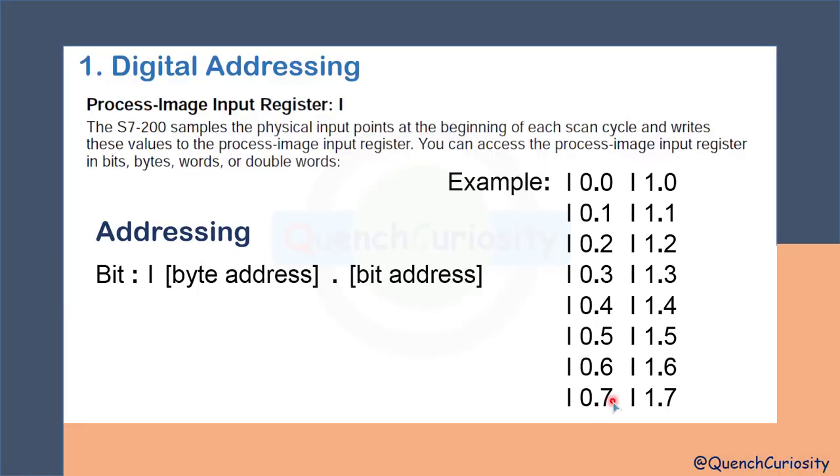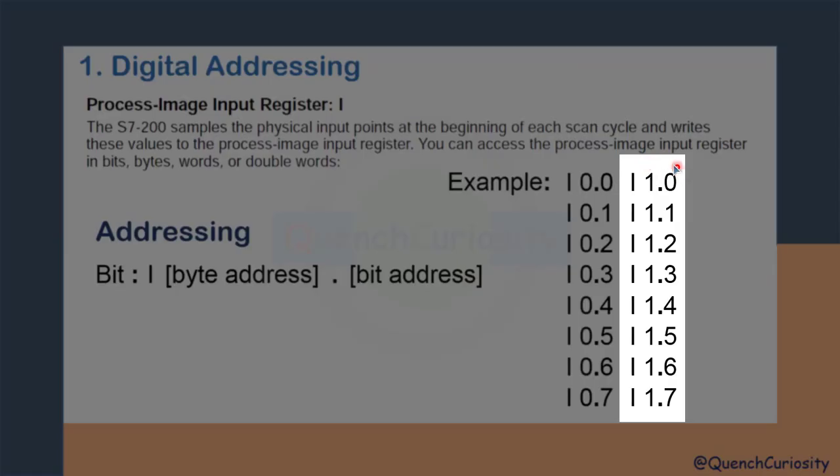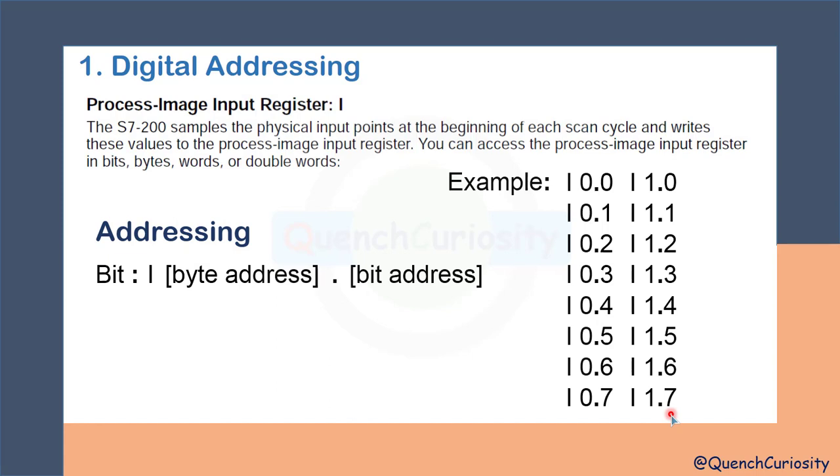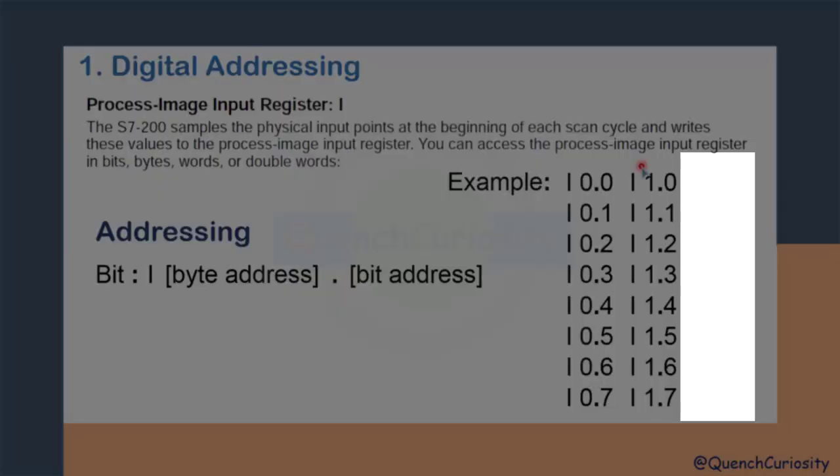After this, we have to jump to I1.0. Here 1 is my byte address and 0 is my bit address. We have to keep in mind that for every byte address, the bit address will go from 0 to 7 only. After that, we have to start a new byte address: 0, then 1, the next will be 2, and so on.